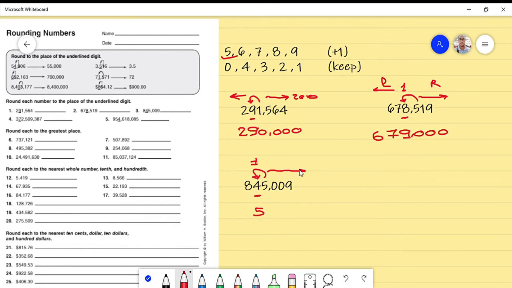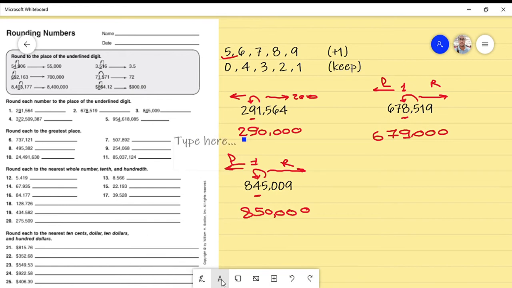As I told you before, you replace the digits on the right by zeros, and from the left you keep the numbers as they are. So it's 850,000.